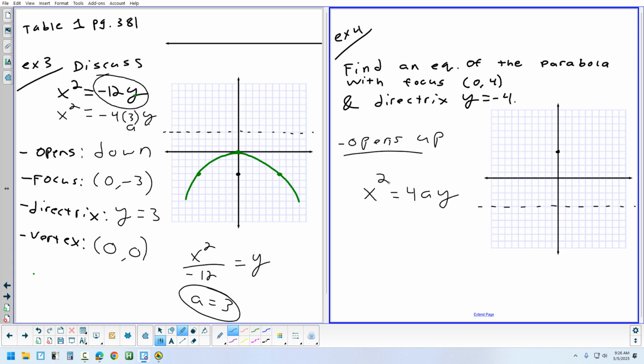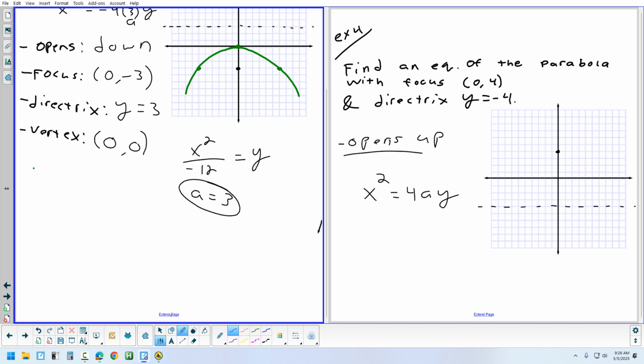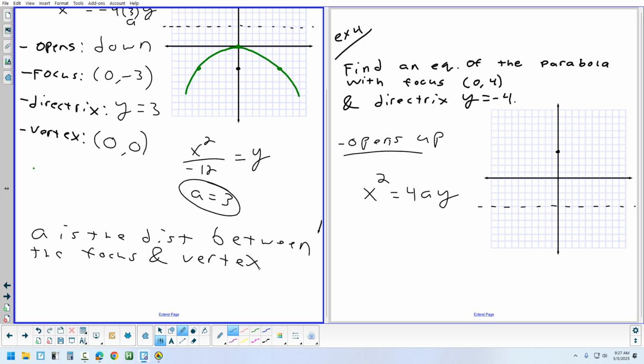Okay, so now we've got our equation. Now we just need to figure out what A is. Okay, so remember A. I should probably write this down. A is the distance between the focus and vertex.